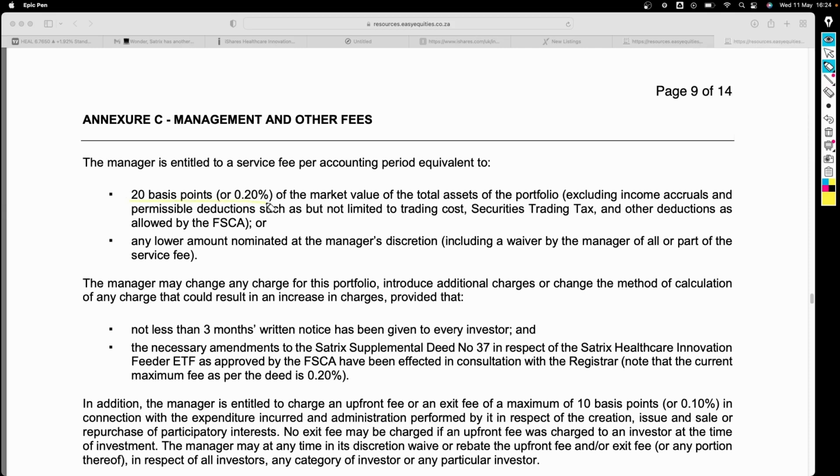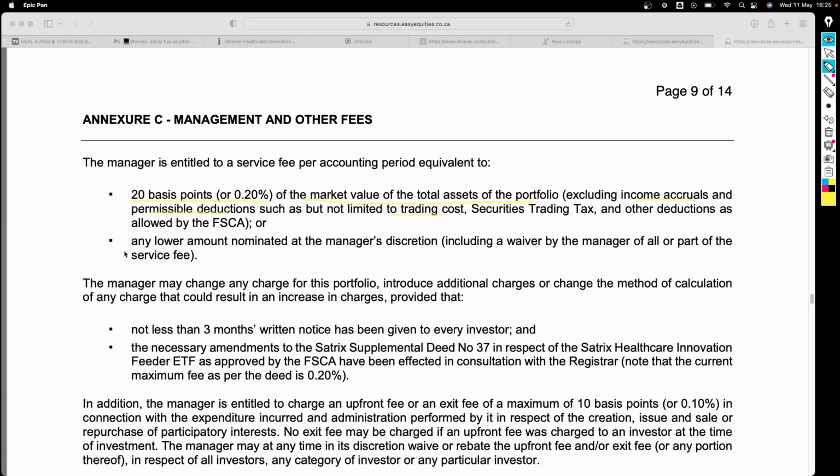Right, so we can see that they are going to be charging 20 basis points, which is 0.2% of the market value of the total assets in that portfolio, but this will exclude income accrual and permissible deductions, such as trading costs and other fees that are associated with this investing.